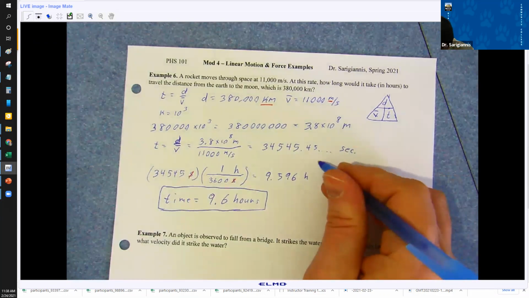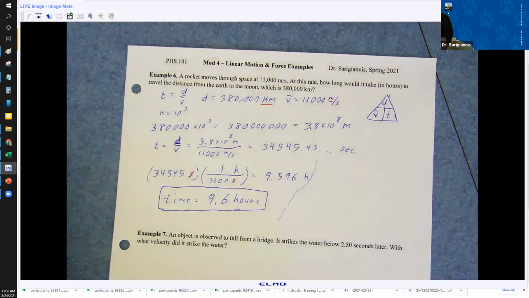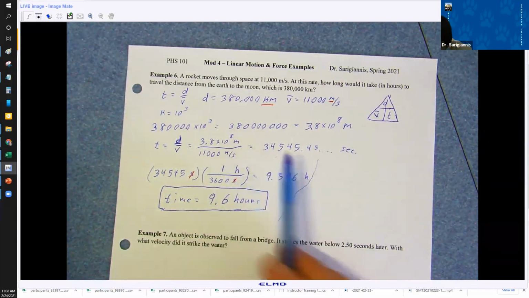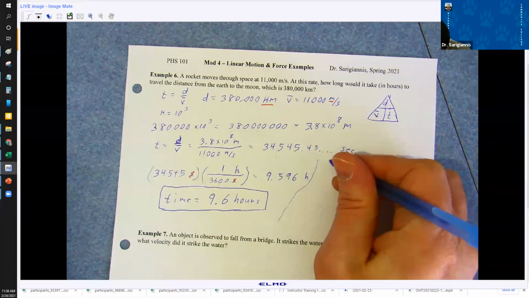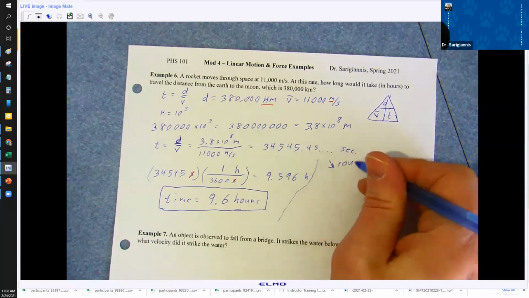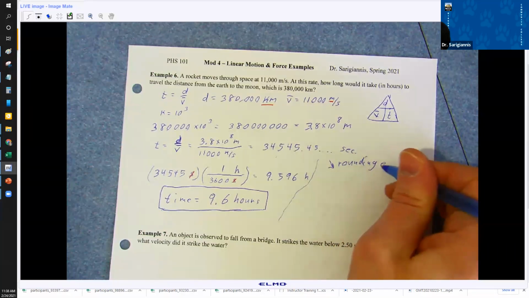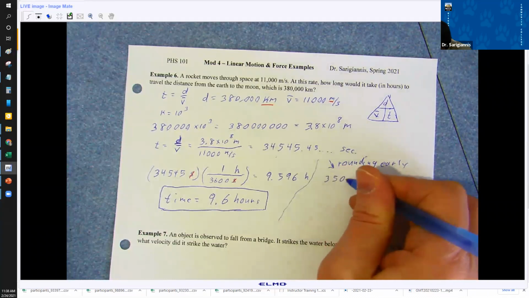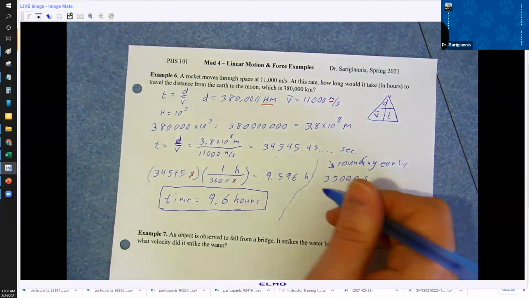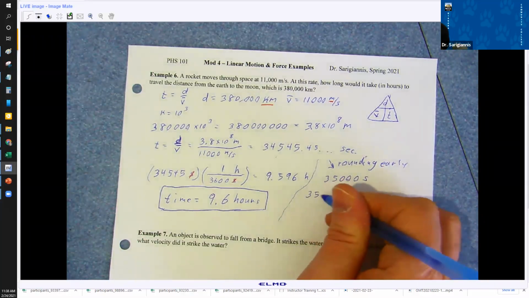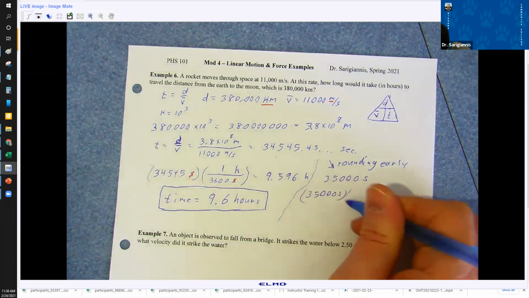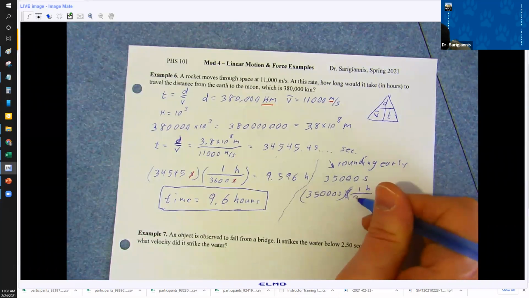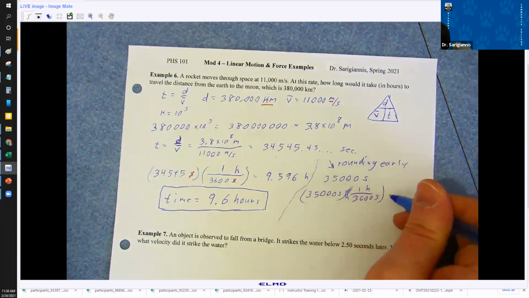Now, this is not another route. I just want to show you what happens if I had rounded this early, right? I would have gotten 35,000 seconds. And then that would have been 35,000 seconds times 1 hour over 3,600 seconds.